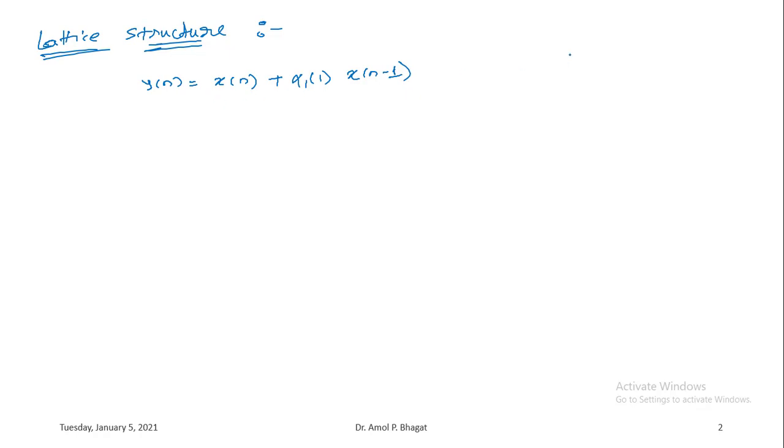This can be represented in system function form as well, by taking its z transform. So this is the direct form realization equation. This alpha 1 of 1 is the direct form coefficient, the direct form filter coefficient, and this can also be represented in H of z form, that is system function form, by taking its z transform.